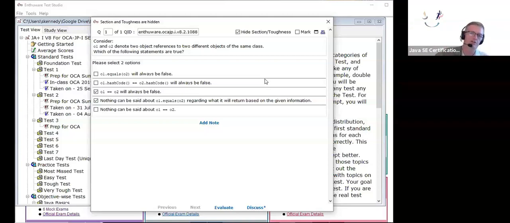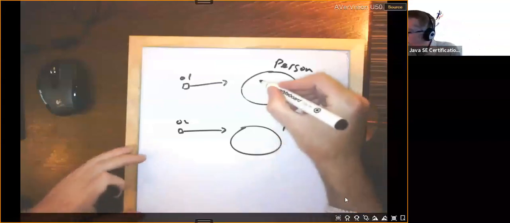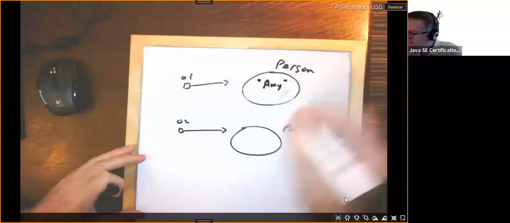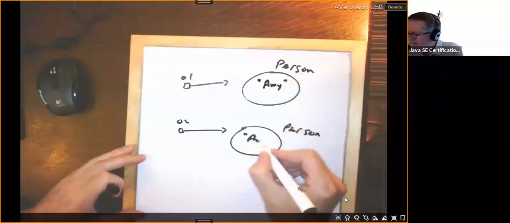Or having 100 buckets with one object in each of them. Again, not very efficient. So if you had a person object, okay, let's go back to this guy. And we had Amy and Amy.